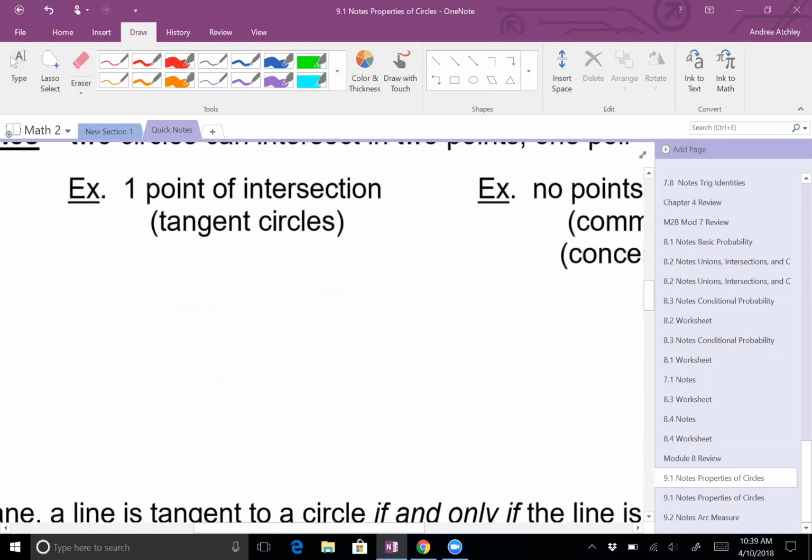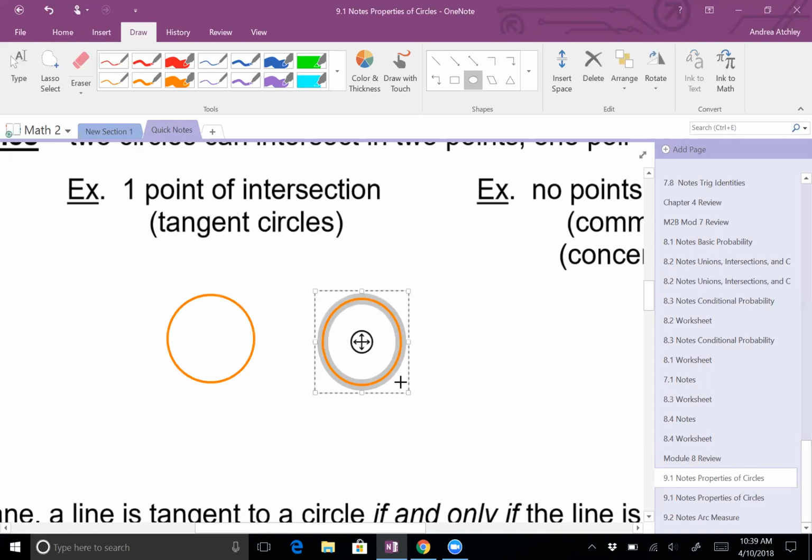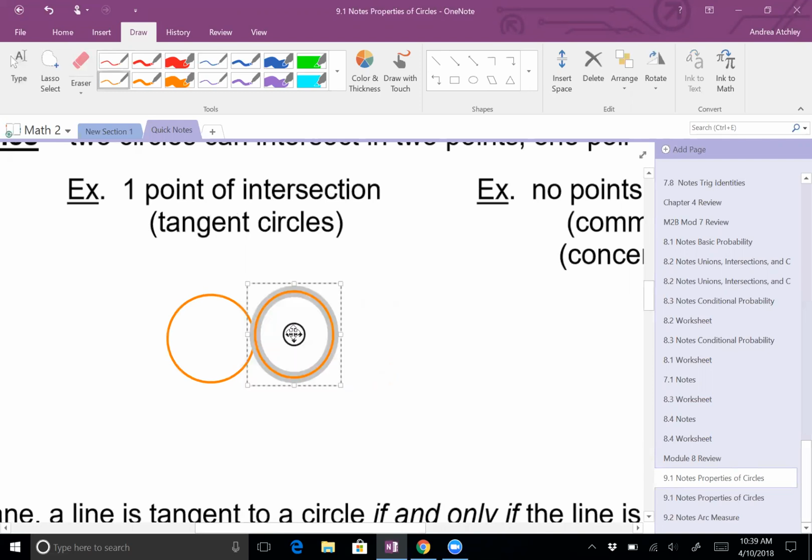Okay, you can also have circles that intersect in just one point. This would be like this. Tangent circles, so they only intersect right here.